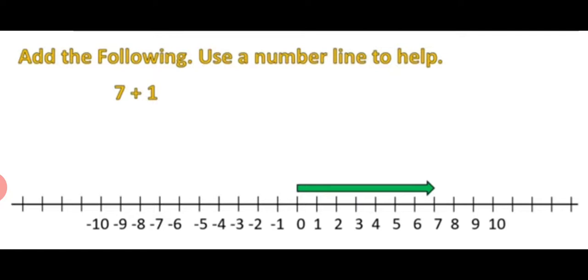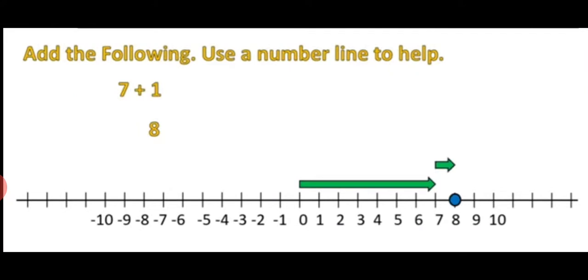Now the second number is plus 1, that means it is also a positive number. So after 7 we shall move towards the right, not the left, because 1 is also a positive number.